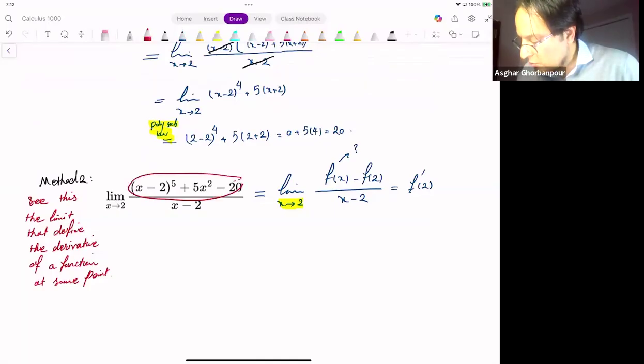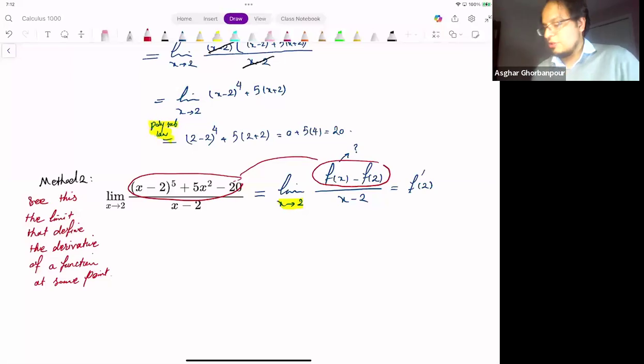The denominator is already there. One determining fact here is that f at 2 is going to be a number, and f at x is the part which is the function.